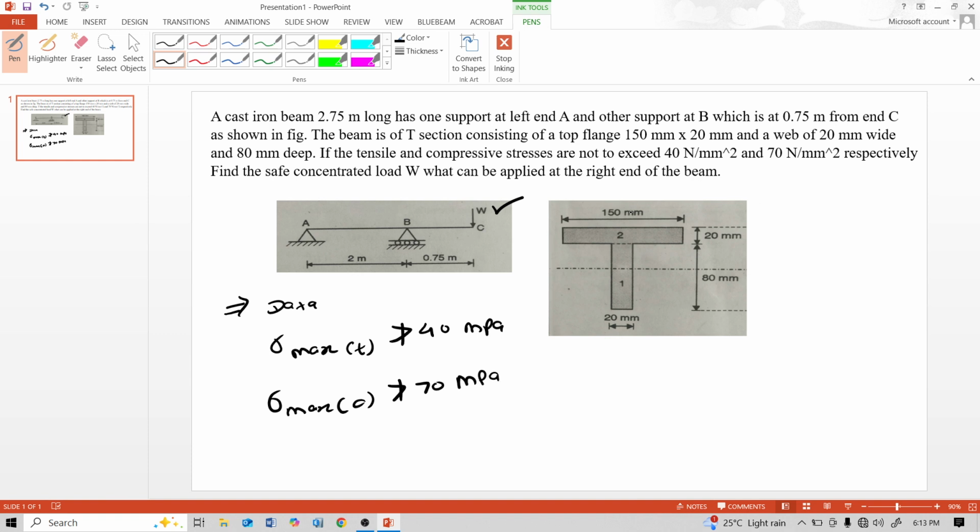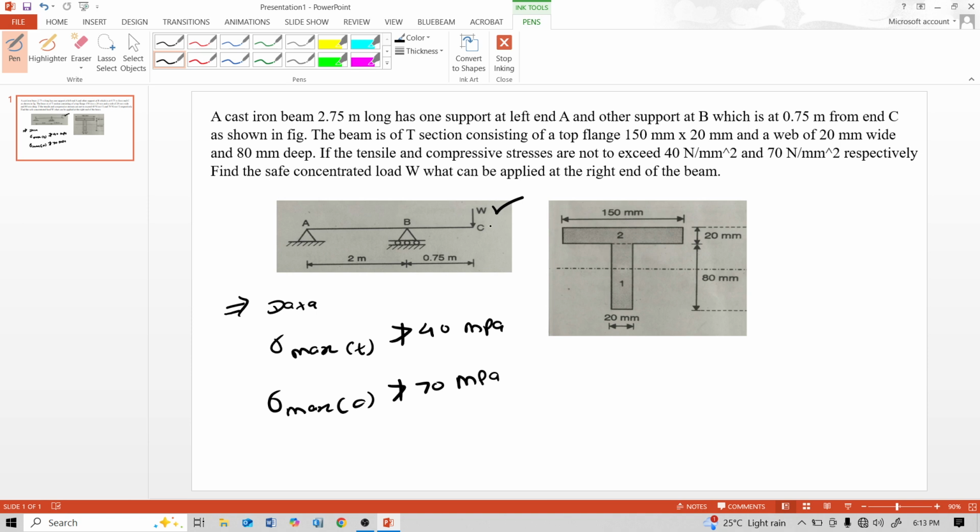See the cross section of this beam: the top flange is 150 mm wide and 20 mm thick, and this web part is 20 mm wide and 80 mm thick. For the given beam, only hogging moment is produced in the section.